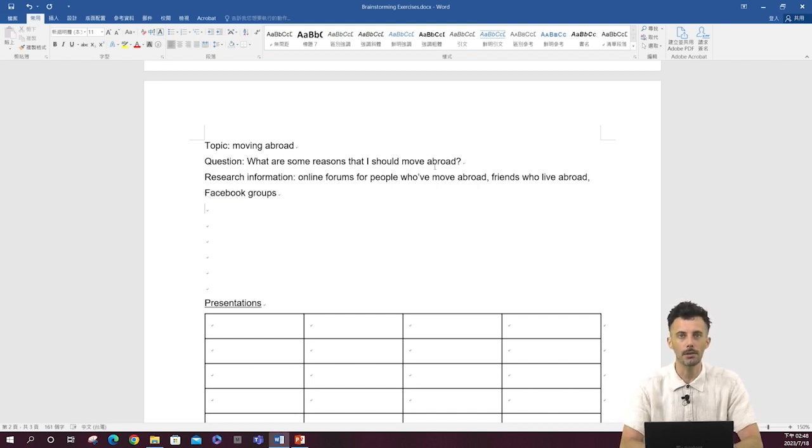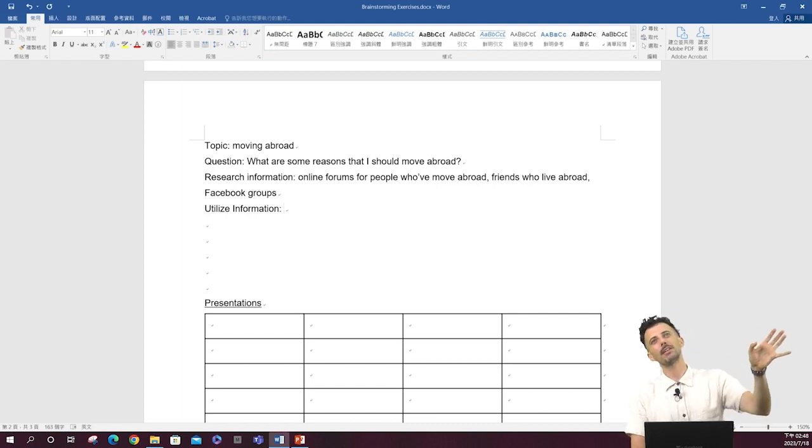So, utilize information. The next part. Okay, so we have to utilize this information. From the sources that you've researched, how would you utilize this information?